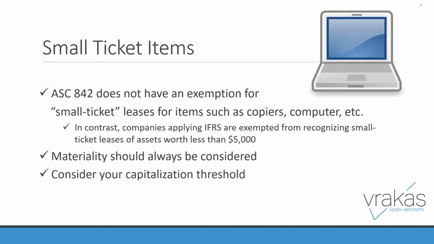So there is not a specific exemption for any small ticket items. That being said, you should always consider materiality, and on many webcasts that I sit in on, they mention your capitalization policy is probably a good number to be looking at when you're talking about, is this small ticket, should we go through this calculation, those types of things.